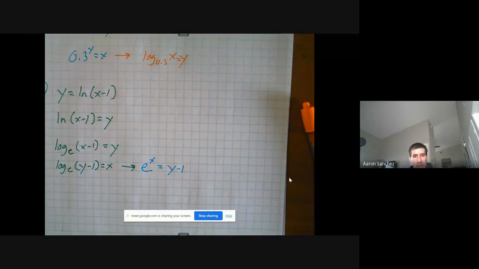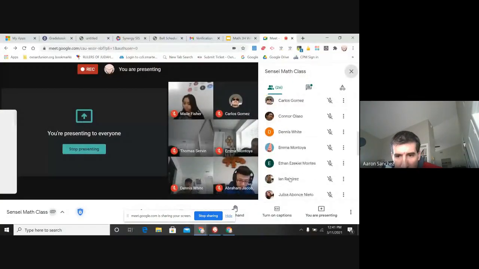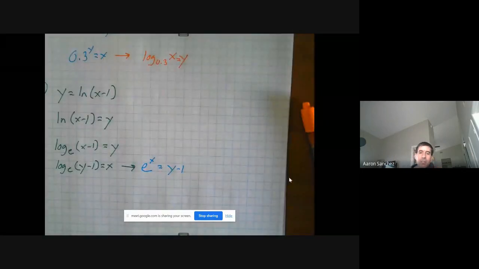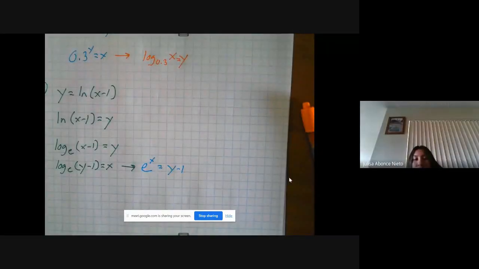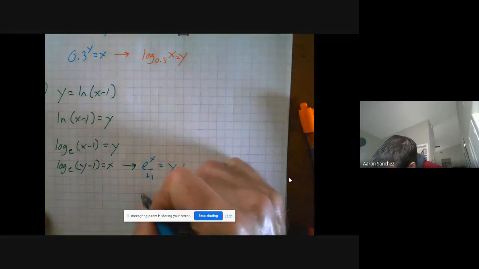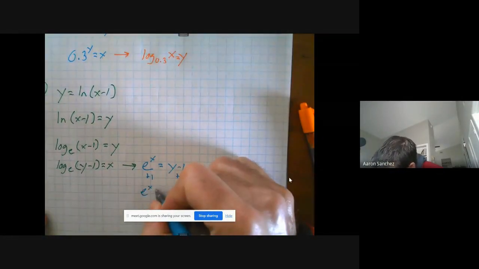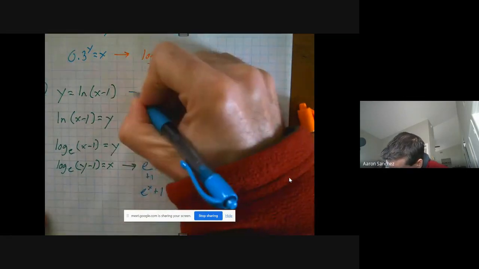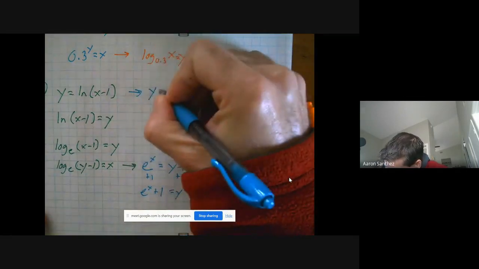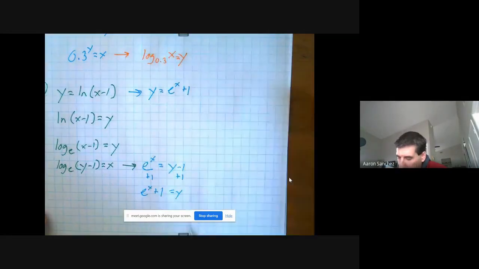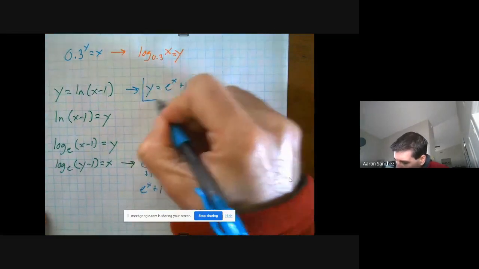Is the y by itself yet, though? What do I need to do to get the y by itself? Julissa? You add 1 to both sides. Let's do it. We got e raised to the x plus 1 equals y. So the inverse is y equals e to the x plus 1. And that's all you got to do.